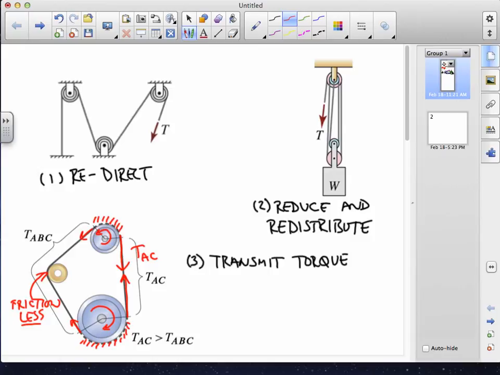We will eventually get to this application, but not until much later in the course after we've had a chance to discuss friction, and in particular belt friction. For now, we will focus on cables and pulleys in the first two applications, redirection and reduction and redistribution of tension.